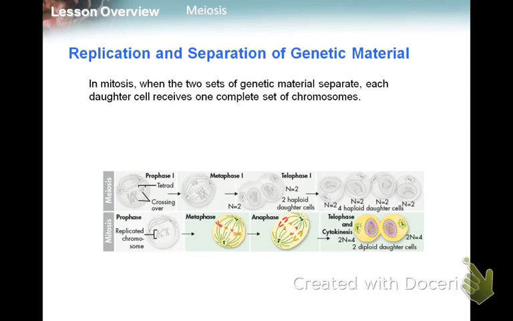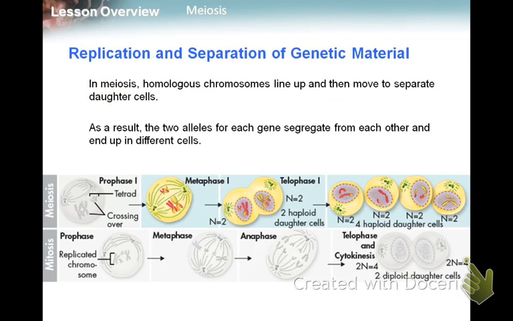So in mitosis, each daughter cell receives one complete set of chromosomes. In meiosis, we end up with half of the normal number of chromosomes.